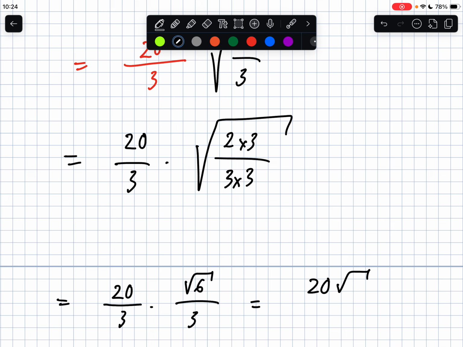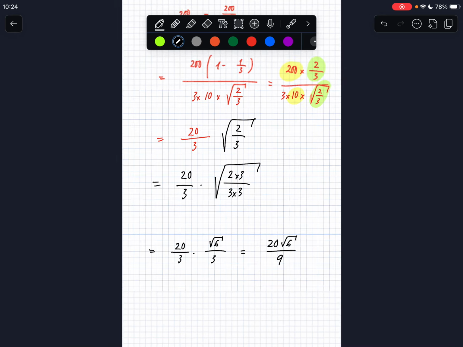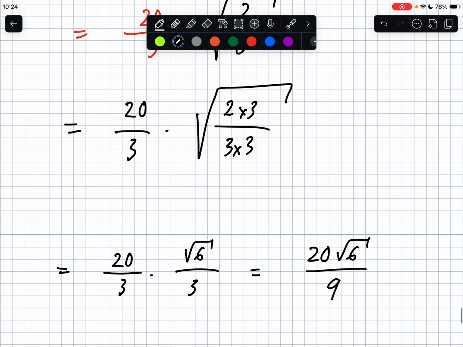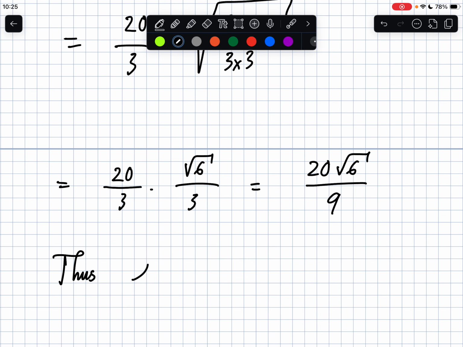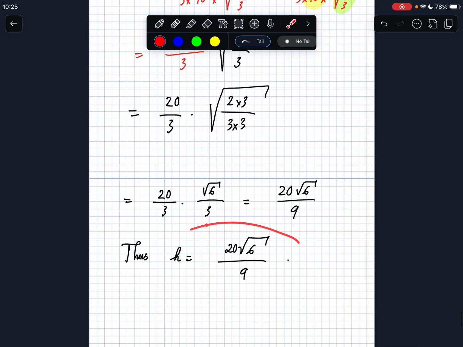That is 20 square root of 6 divided by 9. This is our height. The height is this one, and at that height the box has a maximum volume. Our final answer is here.